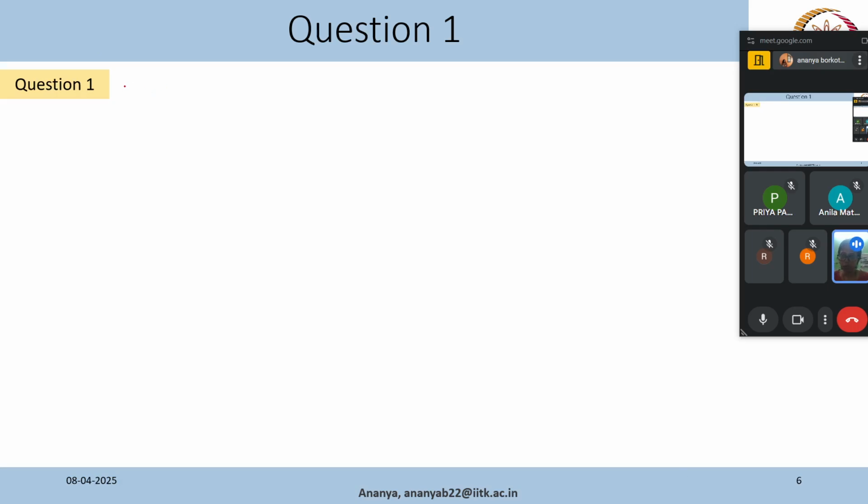So the first question is, I will write it down first. What is the primary function of PDMS in a flexible MEMS sensor?